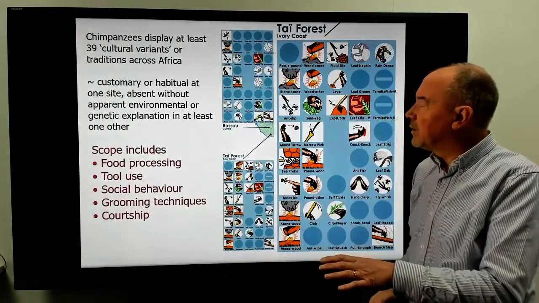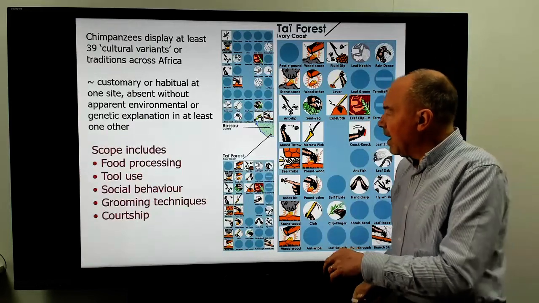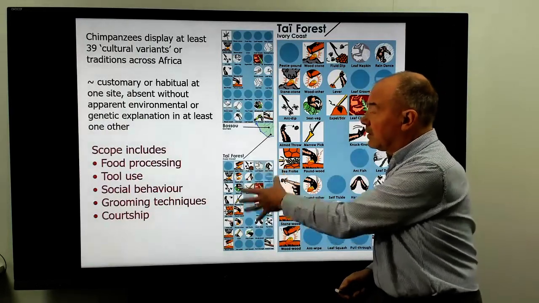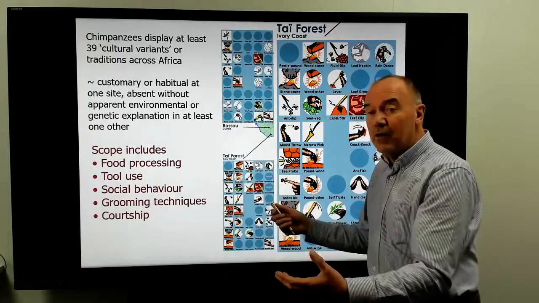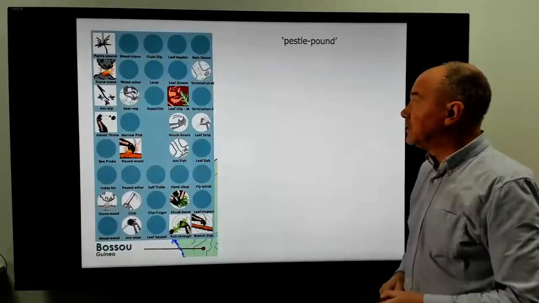So a whole range of behaviours, and the chimpanzees in any one location, their culture is, as it were, defined by an array of multiple traditions.